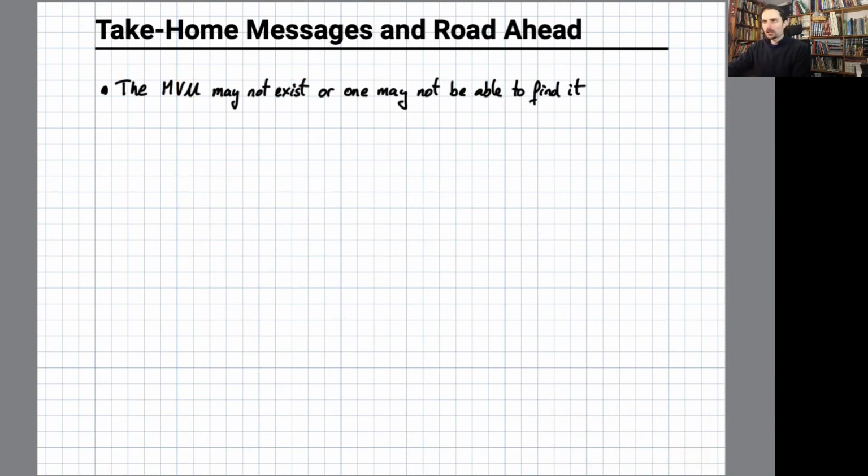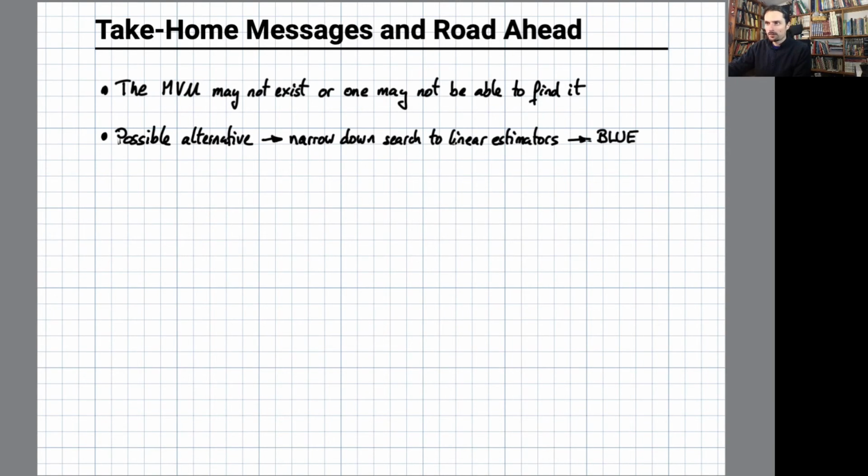Okay, so just to wrap up, we have said that the MVU estimator may not exist, or we may not be able to find it with the tools that we know, or even with other tools on the books. An alternative that we discussed today was to reduce the search of optimal estimators to those that are both unbiased and linear.